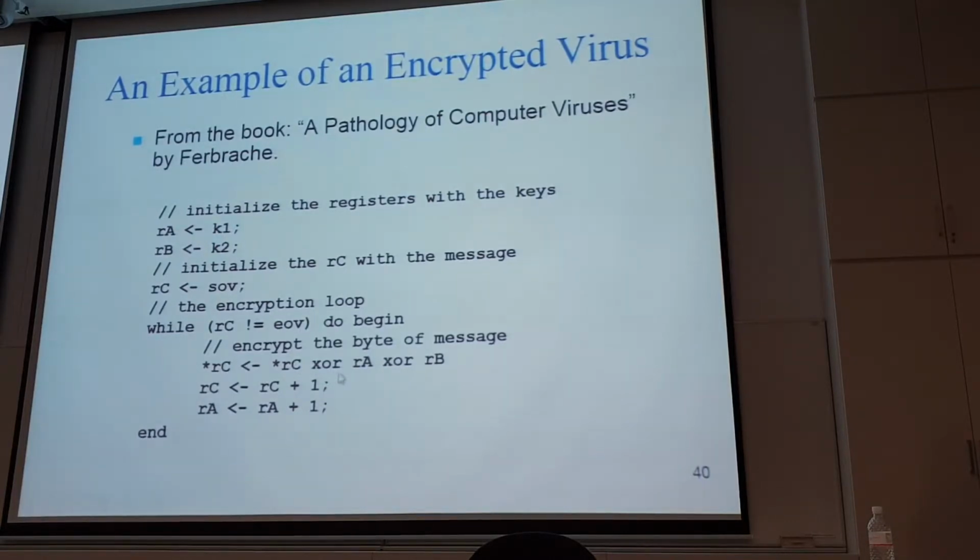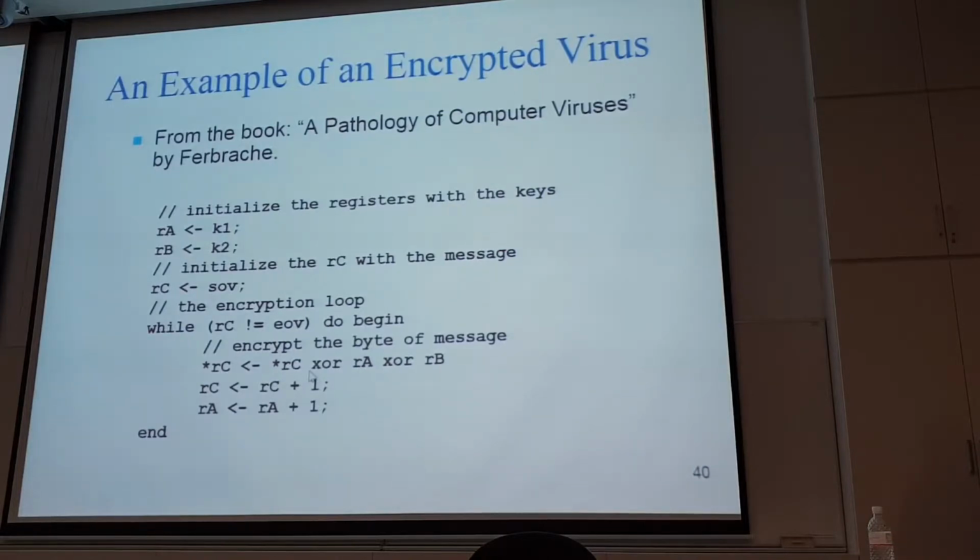You can see here the encryption is essentially XOR. You take one byte, you do XOR, you update the counter, you update the key. The counter basically points to the current location in the virus. Every time you encrypt one byte, you update the key by using RE+1, where RE is the encryption key used to hide the virus.